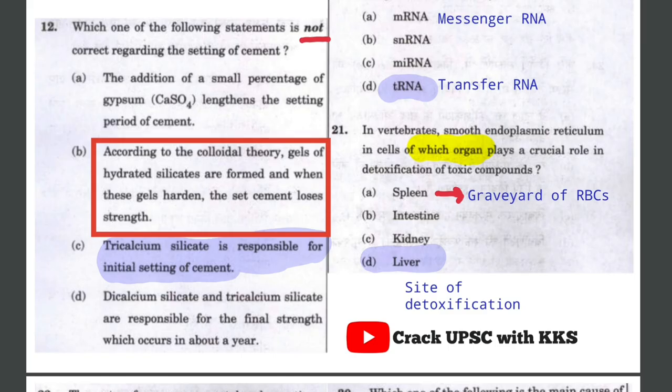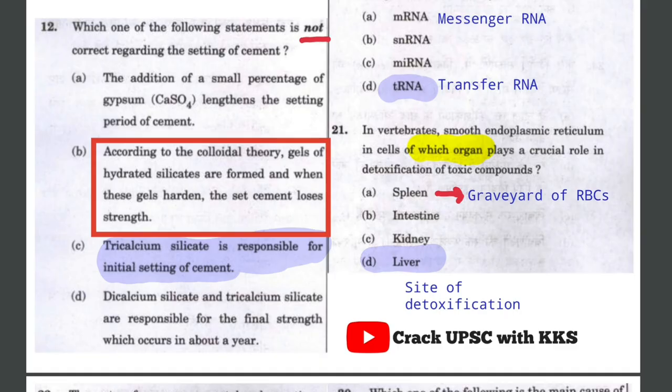In the third question, we have to identify which one is not correct. So as per the NCERT, B should be incorrect, as according to colloidal theory, gels of hydrated silicates are formed, and when these gels harden, the set cement loses strength.